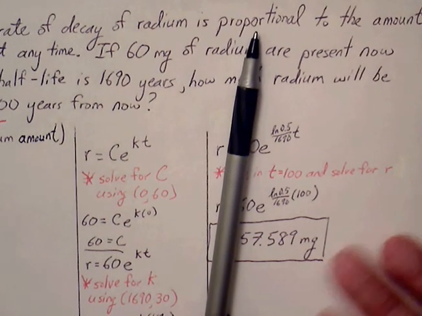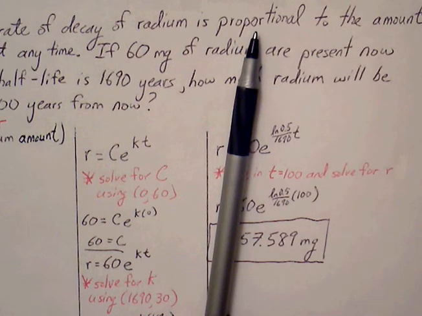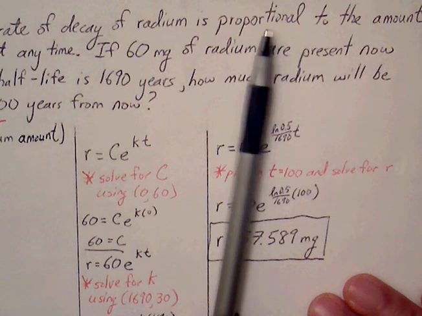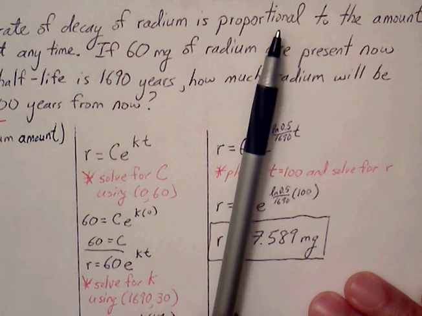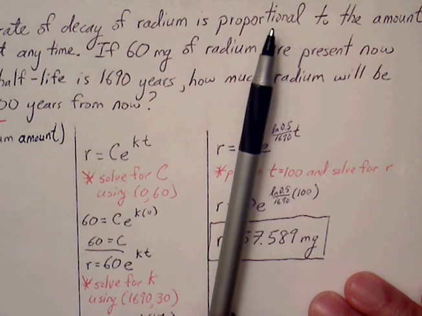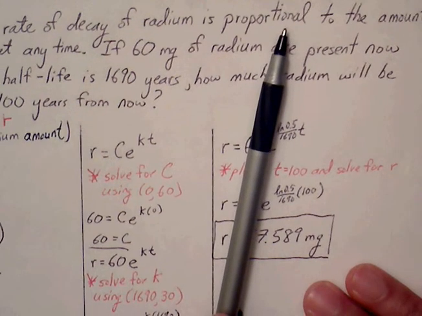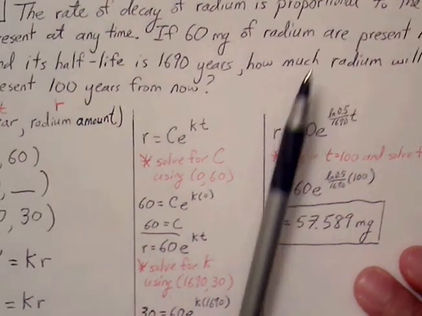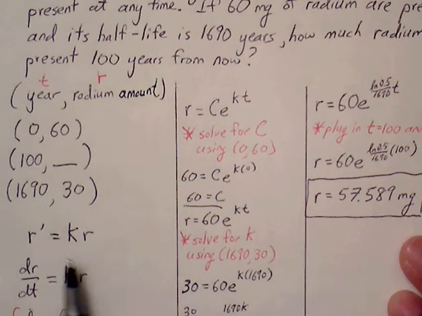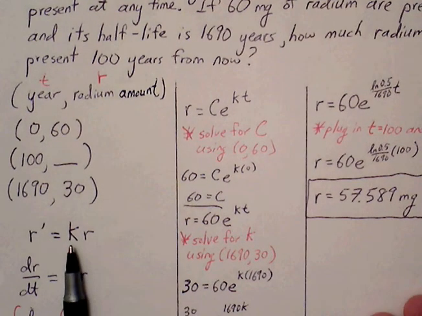So we know this is in the form of y equals kx, but now it's proportional to the amount of radium at any time. So k times r, r representing radium. So r prime is equal to k times r.